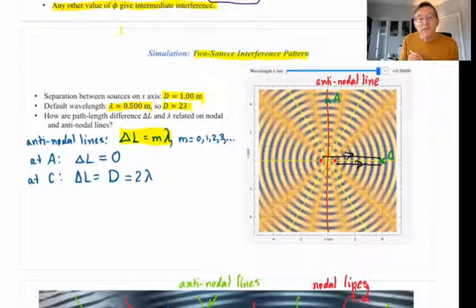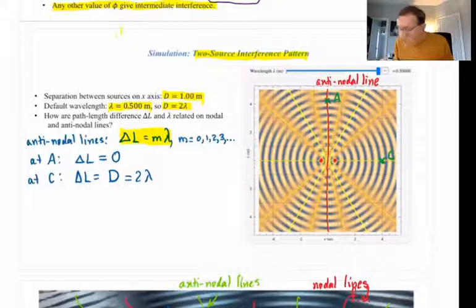Okay, but a delta L of 2 lambda, an integer times the wavelength, satisfies the condition for fully constructive interference. So that explains why the point C over there is on an antinodal line.